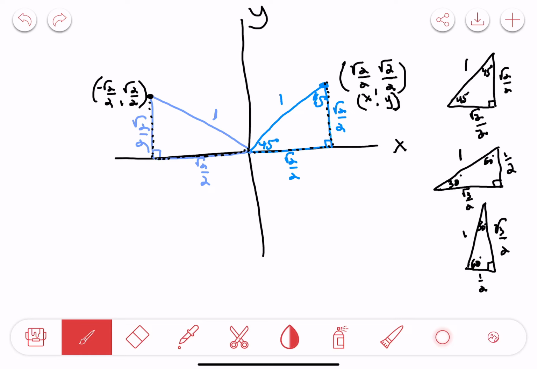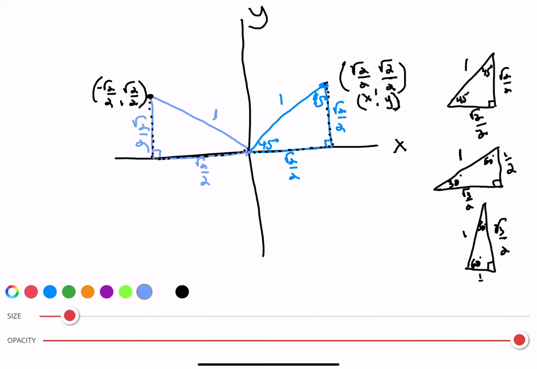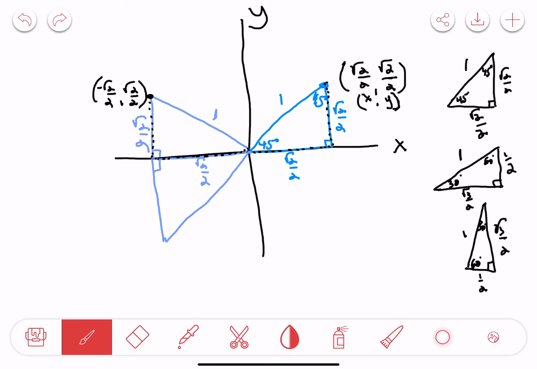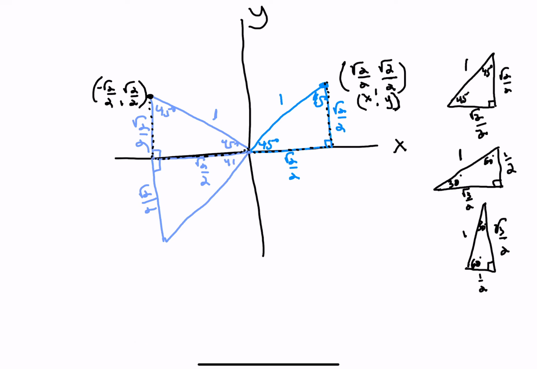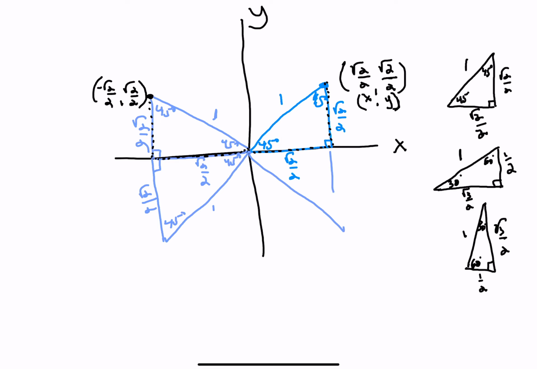I'm going to keep doing that in both of the other quadrants. So in the third quadrant here, here's my same 45, 45, 90 triangle. And I draw it again here.